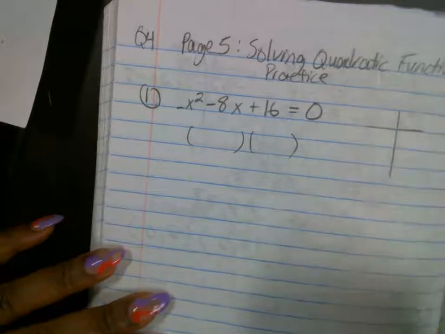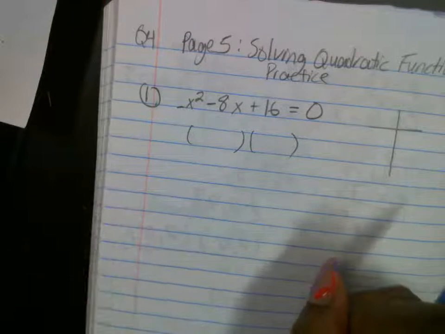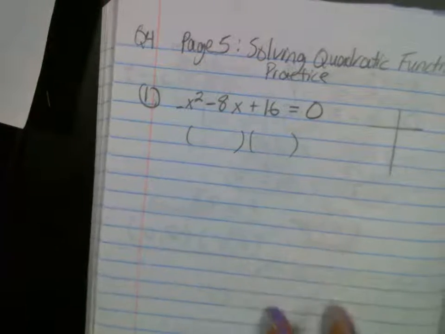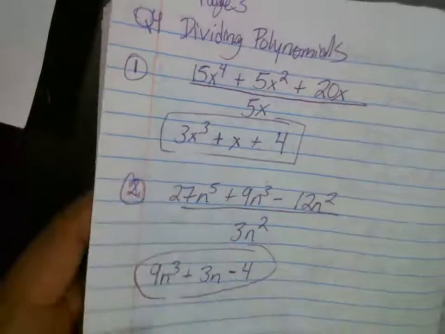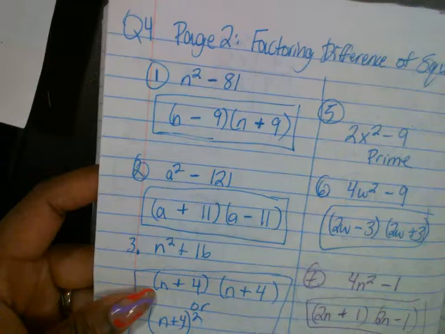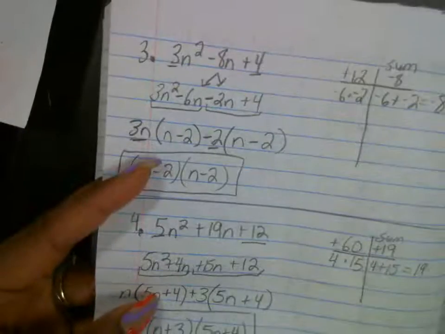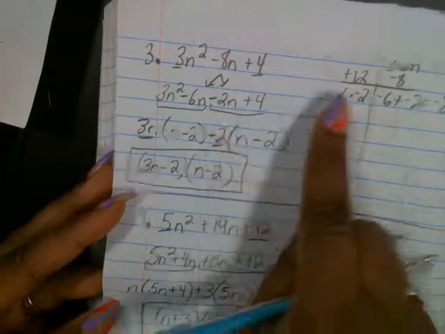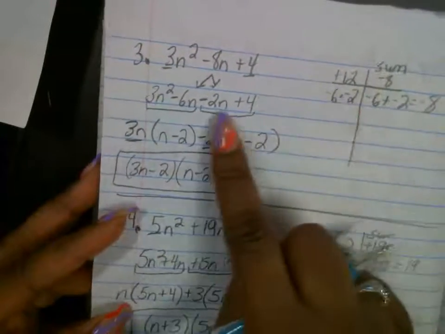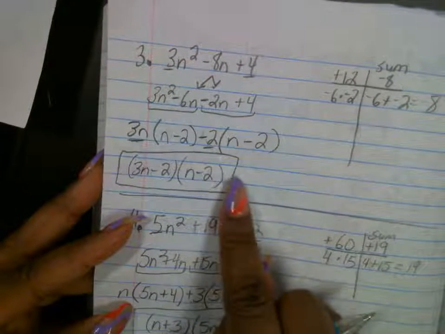Yes, go ahead. Wait, so what if, for example, it was a 5x squared? We did one like that. Remember, those are different. You need to go back and look. We did one where it's difference of squares. We did ones where you do the sum factor, but you're breaking this down, and you do factor by grouping.